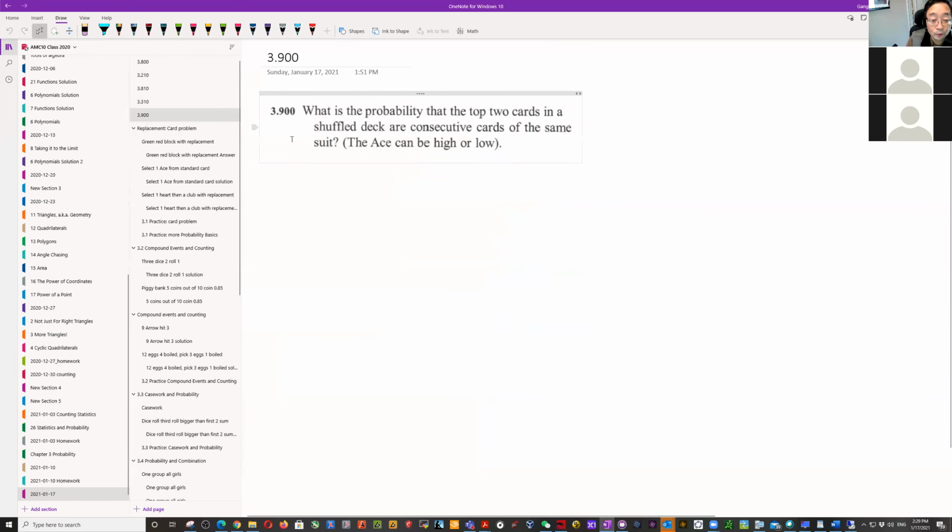And so this is: what is the probability that 2 cards in a shuffled deck are consecutive cards of the same suit. The top 2 cards, so basically still a double. If you view it as a double event, it's 52 permute 2.